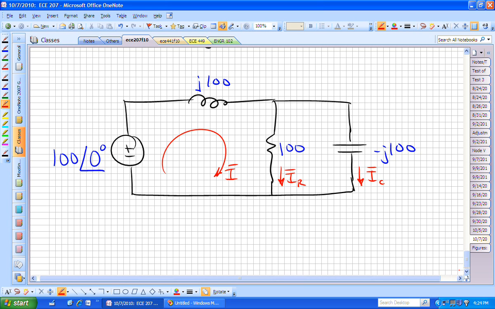How would you like to solve this problem? Mesh? I don't know why we like mesh, but that's what we like. I liked mesh too if I was in your position. But how many mesh currents do we have if we solved it with mesh? 2. How many node voltages do we have if we solve it with nodal analysis? 1.